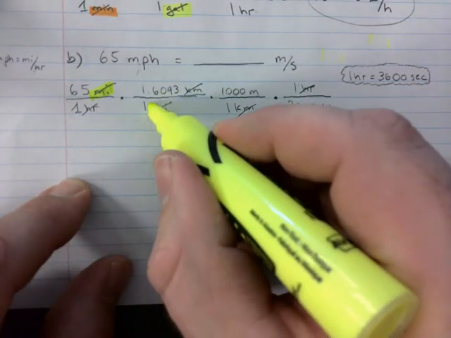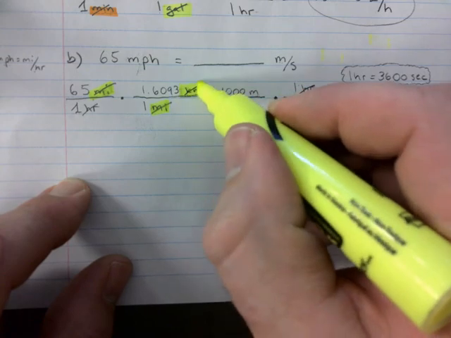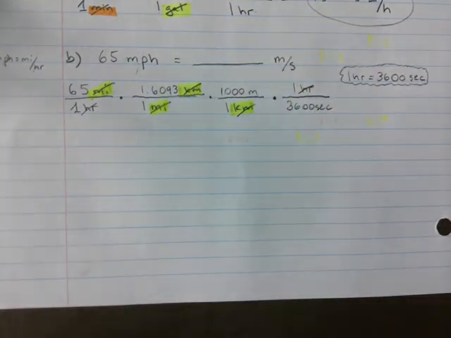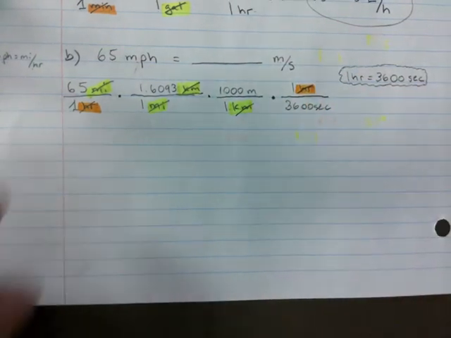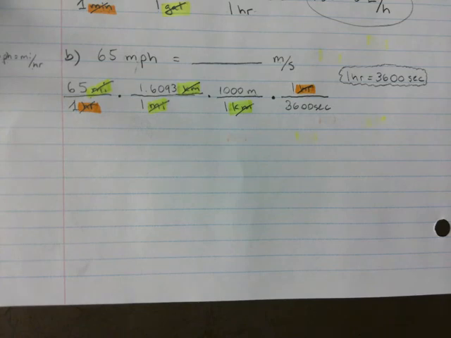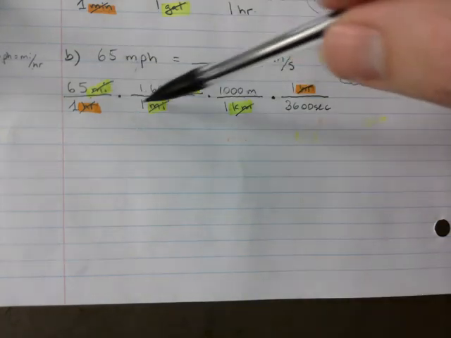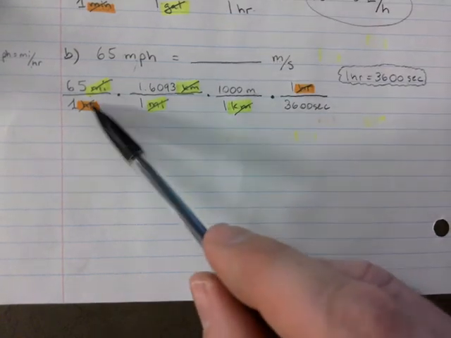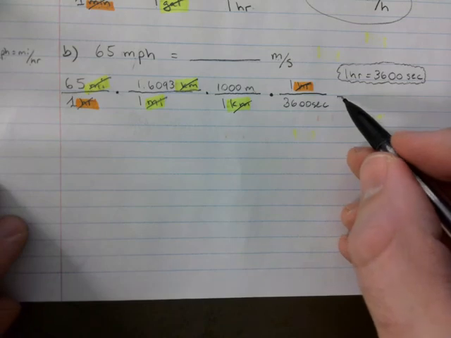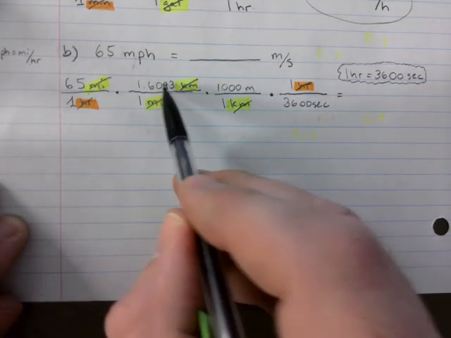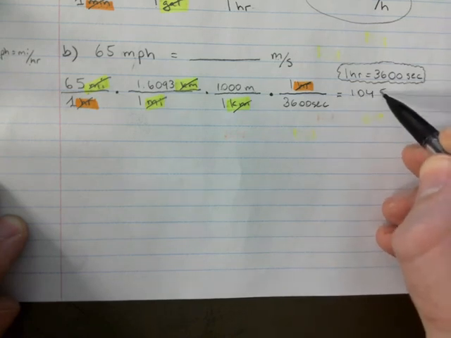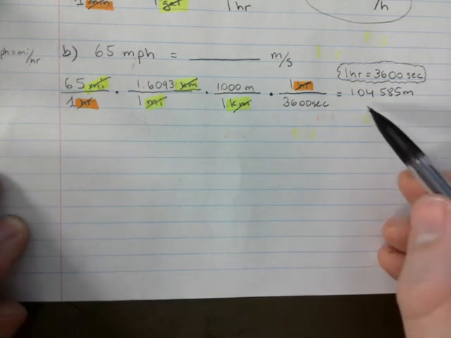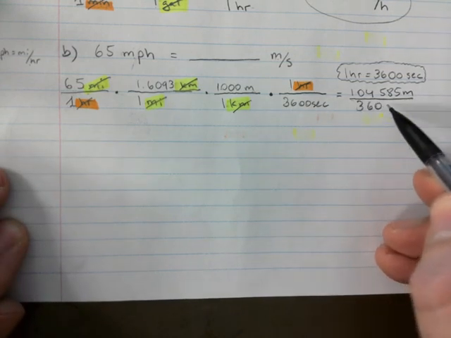Allow me to do this here real quick. I'm going to follow this trail, right? That's kind of like one trail. And then the hours went here. Okay. So it's kind of like this was my pattern to get to meters. And then these two cancel out to get seconds. Here you have to be a bit careful. Multiplying all of this out, you get 104,585 meters over 3,600 seconds.